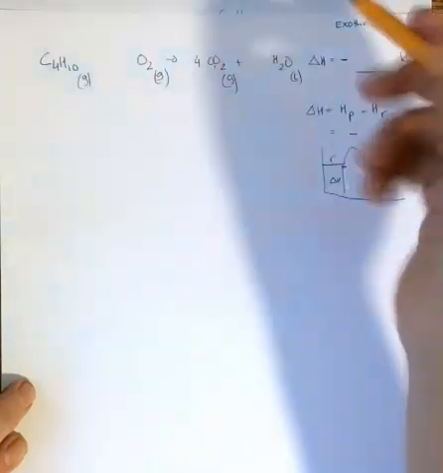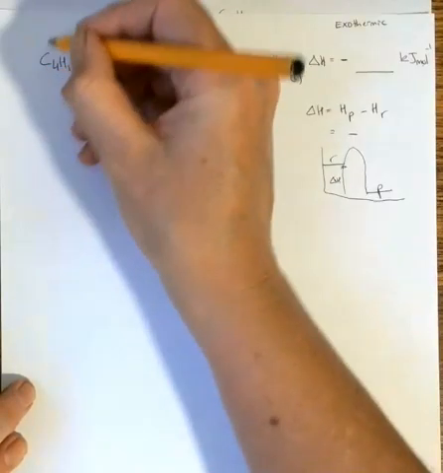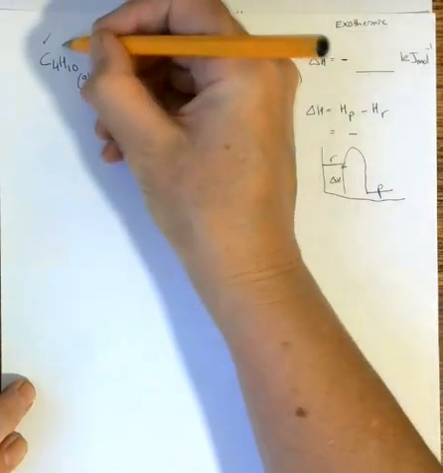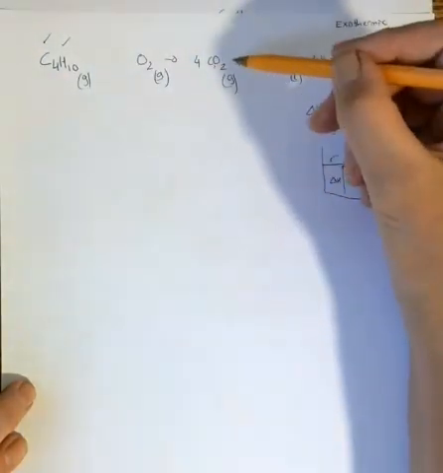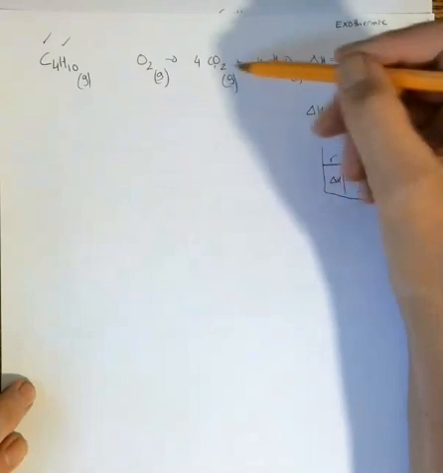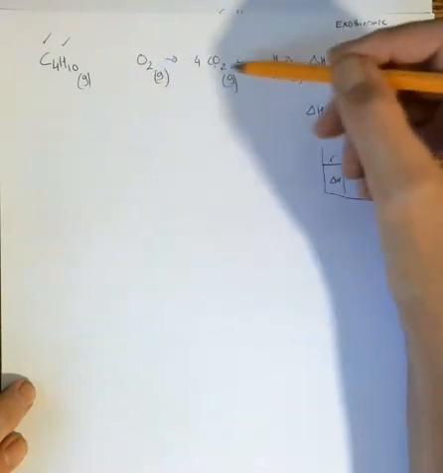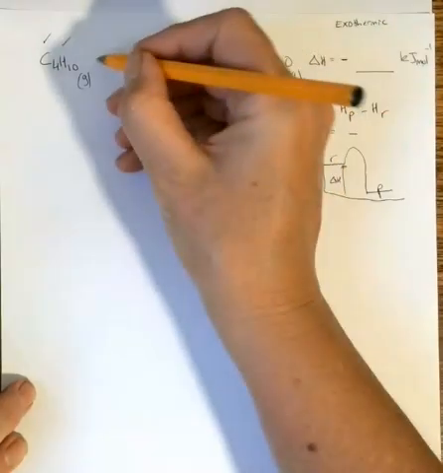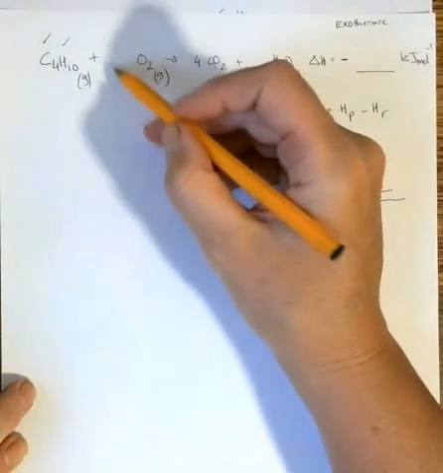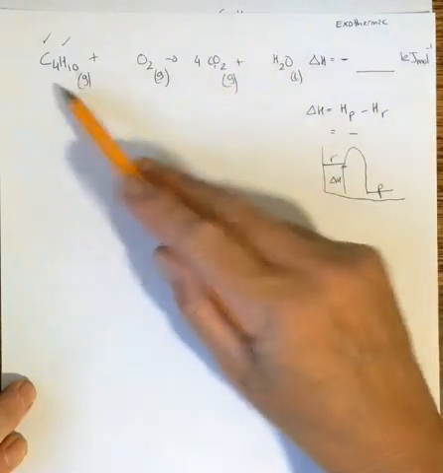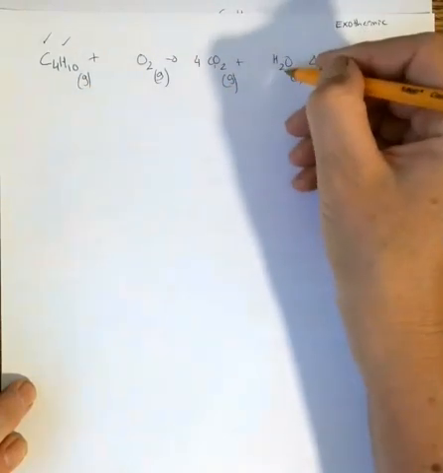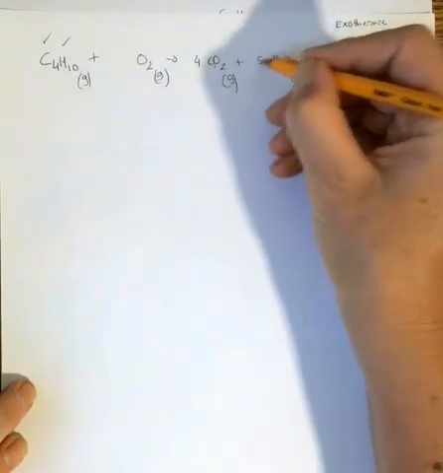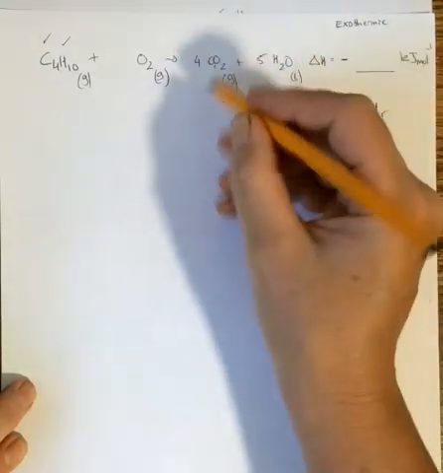We've got 10 hydrogens, but we're doing the carbons first, then the hydrogens. The reason we're doing that is because there's 2 oxygens on this side and there's only 1 on that side. So if we work out how many oxygens we've got altogether here, then we can easily work out this number here. So we've got 10 hydrogens on here. They come in 2s on a water molecule, so we need 5 of those.